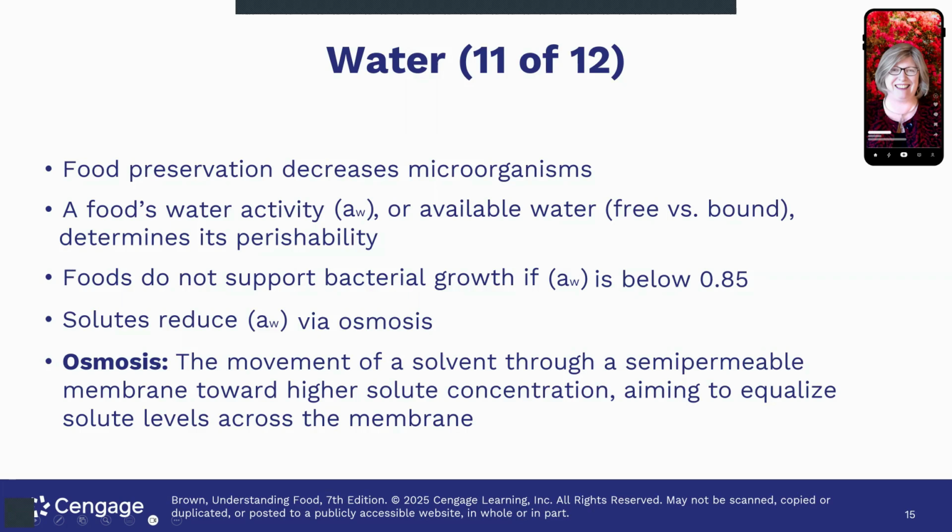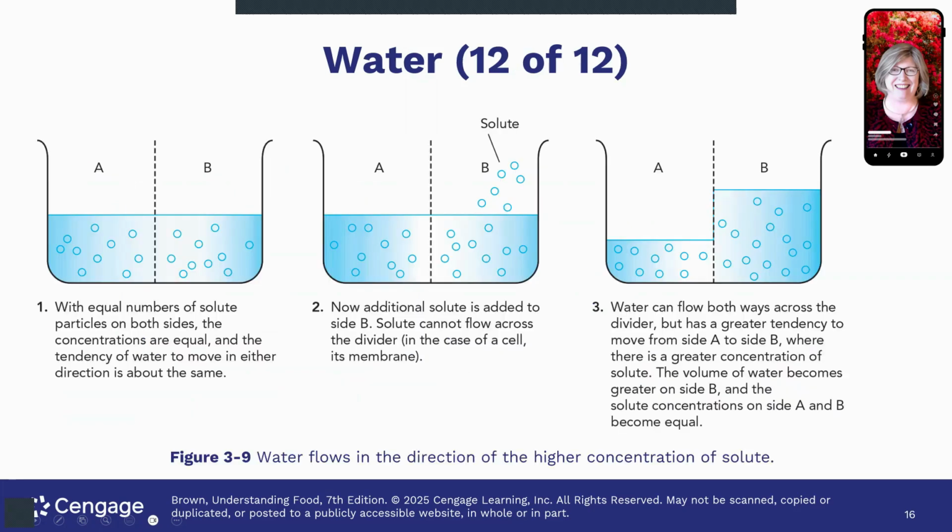With osmosis, which you probably already know, you have the movement of a solvent through a semi-permeable membrane toward a higher solute concentration, aiming to equalize solute levels across the membrane. In view 1, you have equal numbers of solute on either side of that semi-permeable wall.